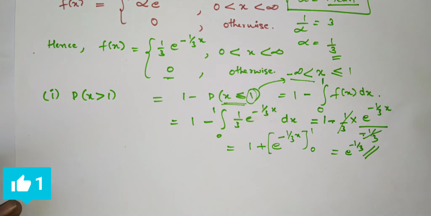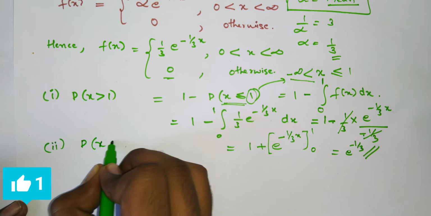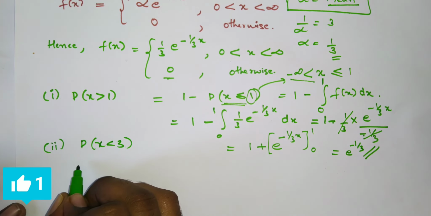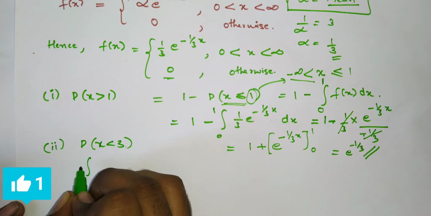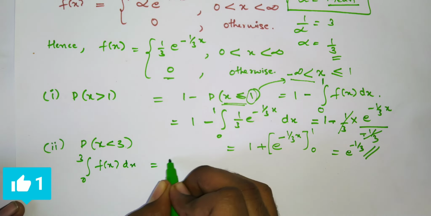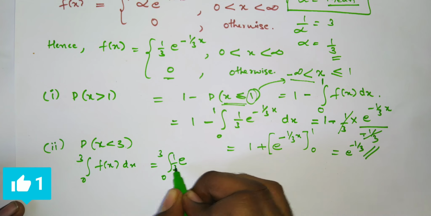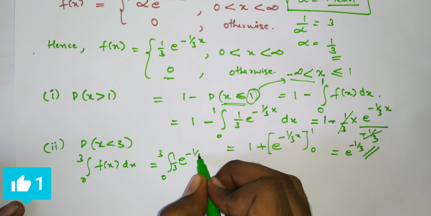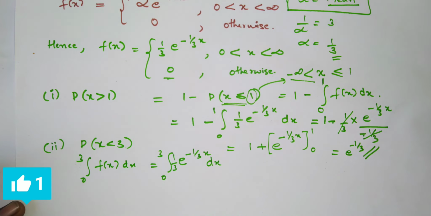Moving on to the second part of the question, P of x less than 3. I can take directly the integral from 0 to 3 of f of x dx, that is the integral from 0 to 3 of 1 by 3 e power minus 1 by 3 x dx.